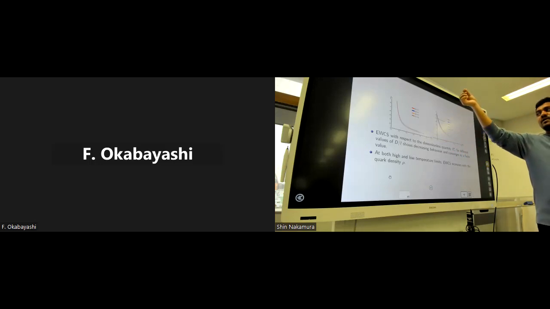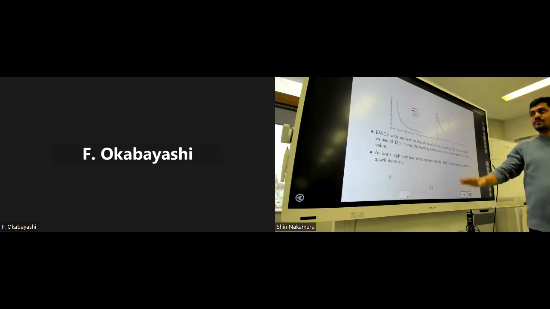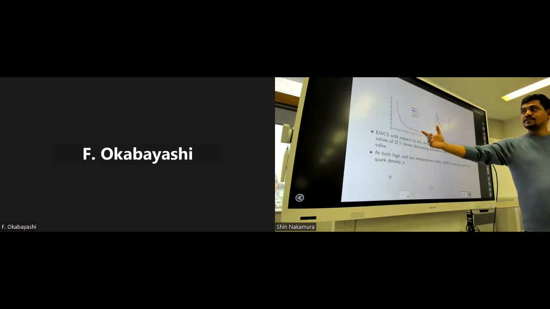You will see that the entanglement wedge cross section will decrease, and after a particular point, it will completely saturate. For different rho, the rate of this decrement is different. So you choose different rho, your rate will be different, but eventually they will saturate at a similar point. Here this is plotted with respect to the boundary width.